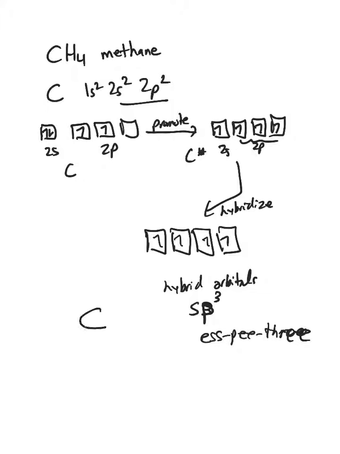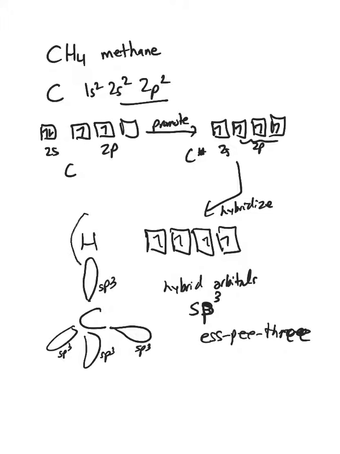And so now we have 4 equivalent orbitals that are all sp3. They're hybrid orbitals. They can overlap with the 1s orbitals, which are unhybridized, from the hydrogen.